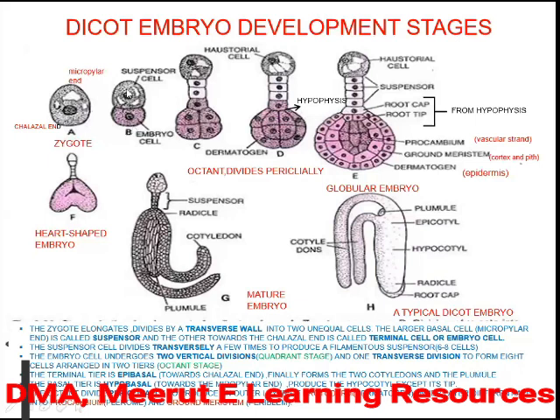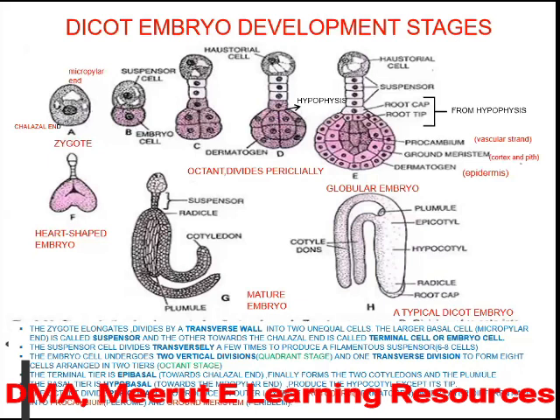Now come to this suspensor cell. The suspensor cell divides transversely several times, about 6 to 8 times, resulting in the formation of a long suspensor. Here you can see a long suspensor.